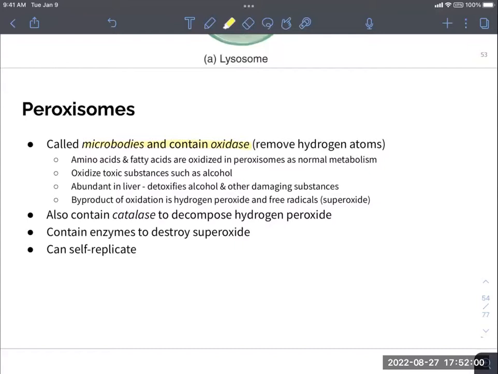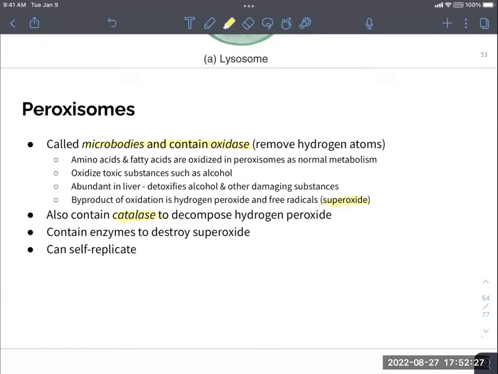It's also created as a byproduct of the oxidation of hydrogen peroxide and other free radicals. We make superoxide. So our cells make superoxide, free radicals sometimes, just by breaking something else down. They contain catalase that breaks down hydrogen peroxide, and they also have those enzymes.